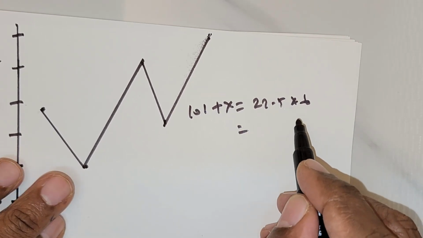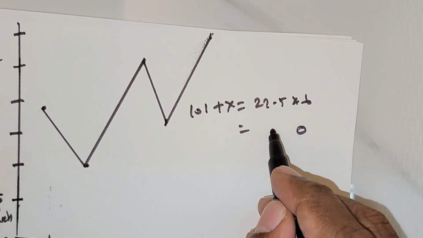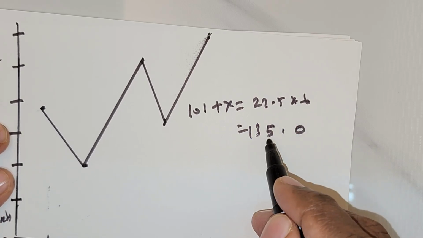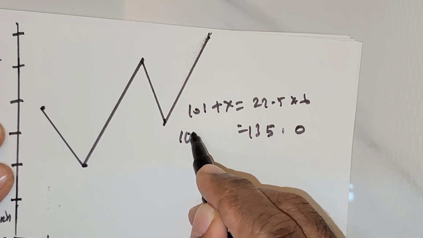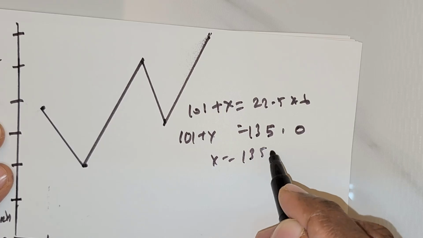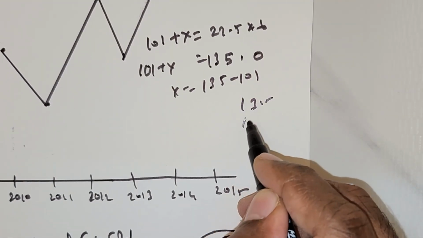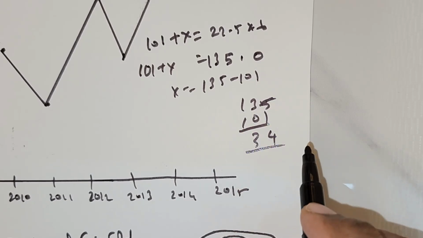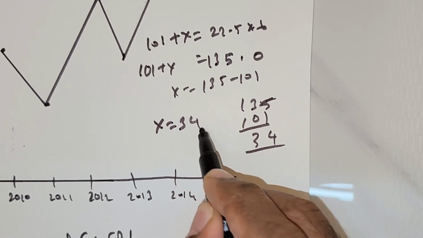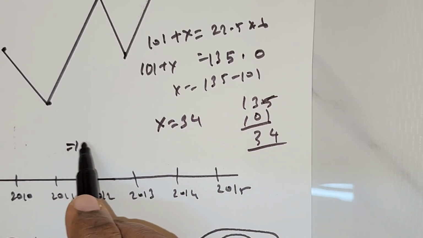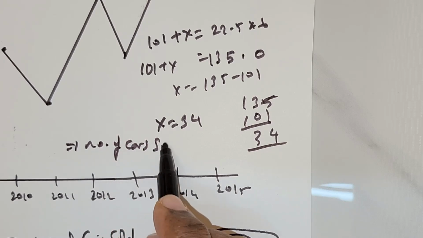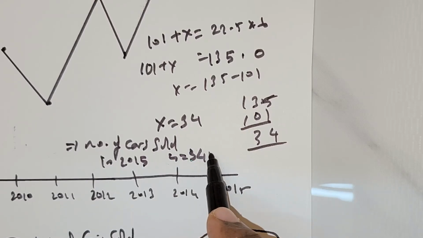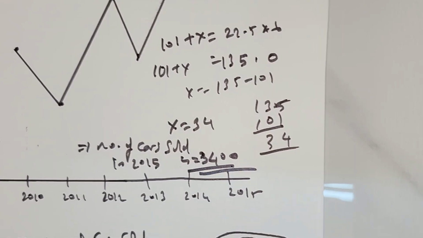So what is that? 6 fives are 30, 6 twos are 12, 13, carry 1, 6 twos are 12, 13. So you get 135. And here you get 101 plus x. So x is equal to 135 minus 101. You get 34. So x is equal to 34. This means the number of cars sold in 2015 is 3400. You have to mention that. So that's the solution for this question.